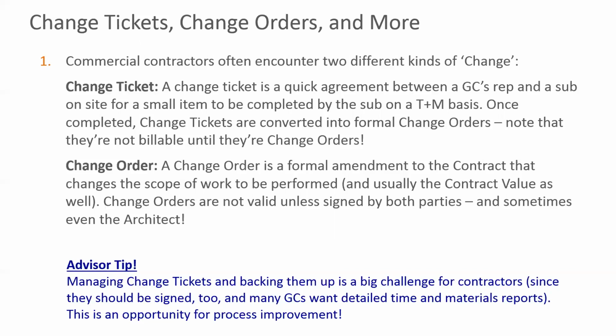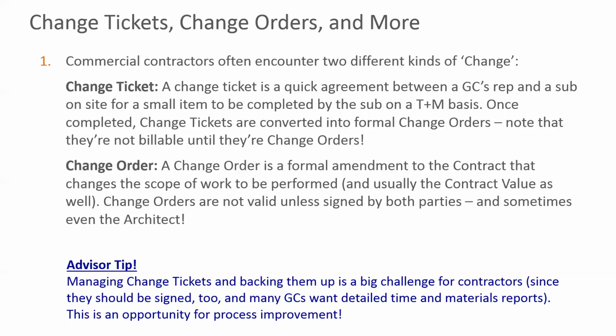So a change order by itself, usually, you'll skip change tickets and go straight to a change order if we're talking about a meaningful expansion of the scope of work. It's just a formal amendment to the contract that changes the scope of work to be performed. It does have to be signed by both parties, and in some cases, especially if you're working with GCs, probably not a huge deal for you guys, even by the architect.